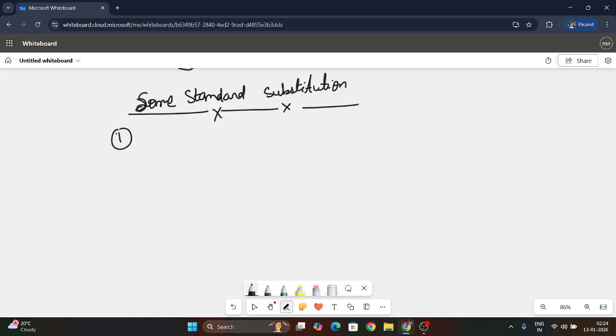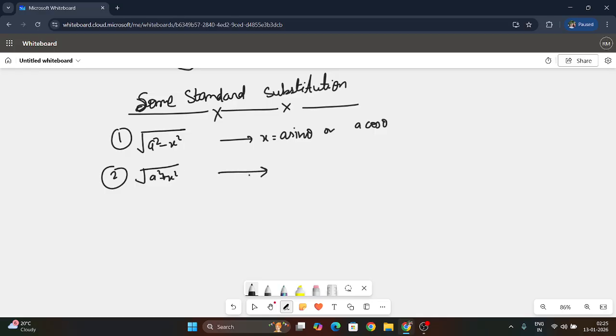First, if you get a square minus x square while solving a differentiation question, the substitution will be x is equal to a sin theta or a cos theta. Second, for root of a square plus x square, x is equal to a tan theta or a cot theta.